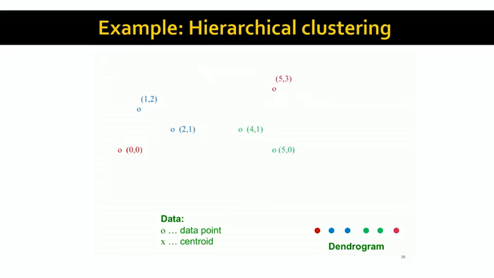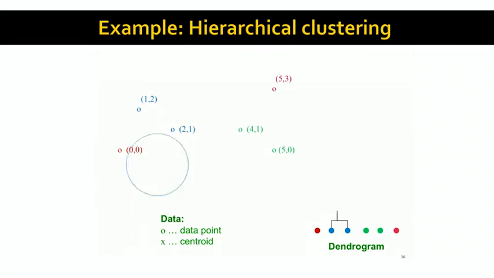An example will make this clear. Here we have 6 points in a Euclidean space. These O's represent data points in a Euclidean space, and we're going to apply an agglomerative clustering method. Initially, let's say we determine that the points (1, 2) and (2, 1) are the closest points.